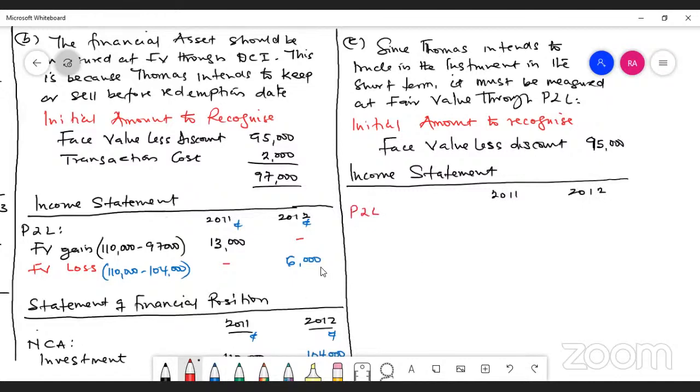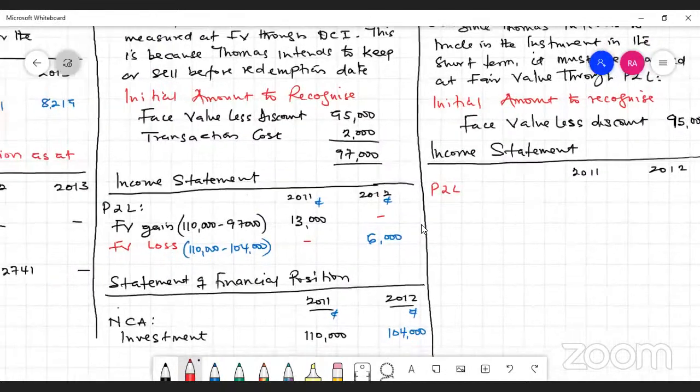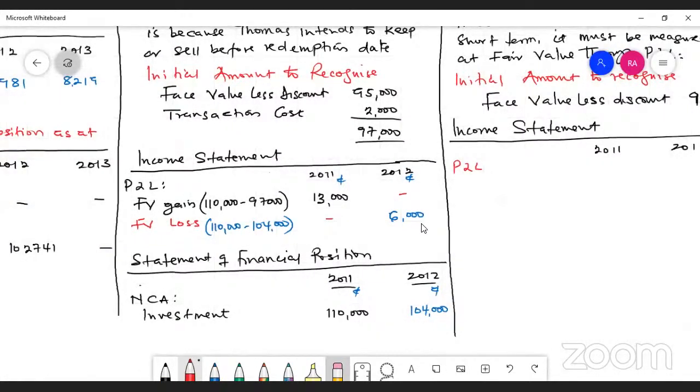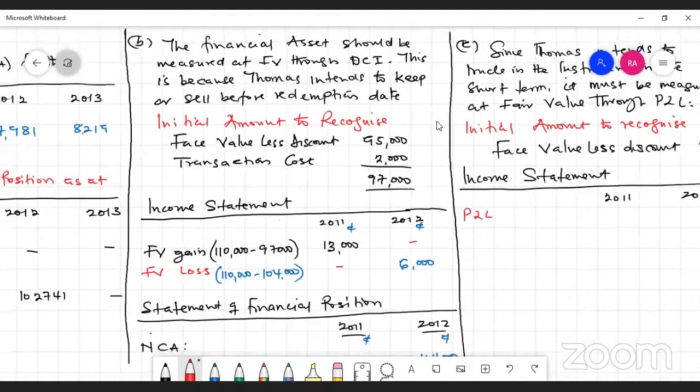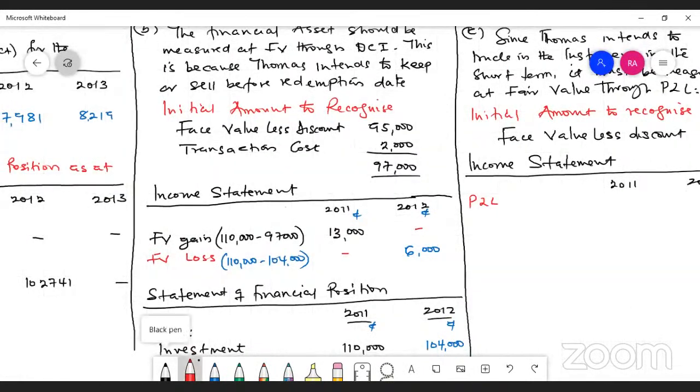There's something, I think there was a mistake somewhere. Let's correct it. This one, you know that it is not in a P&L. You said it's at fair value through what? OCI. Let me see. Yes. So this one should be other comprehensive income.